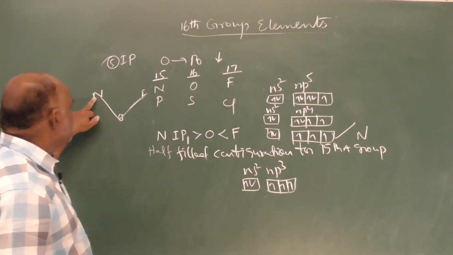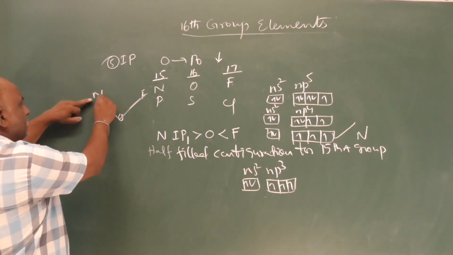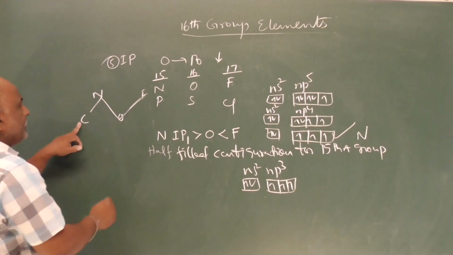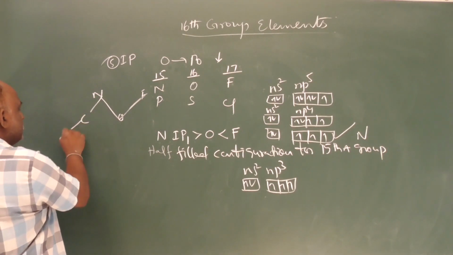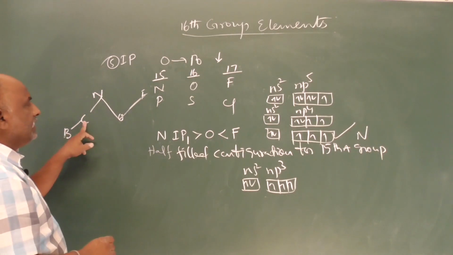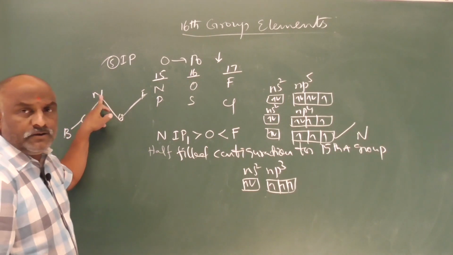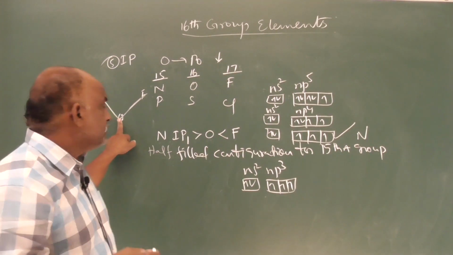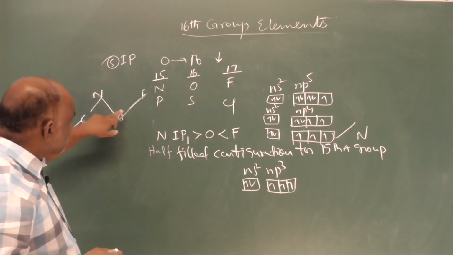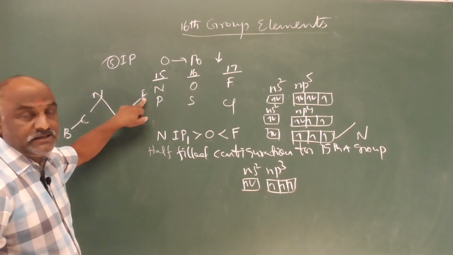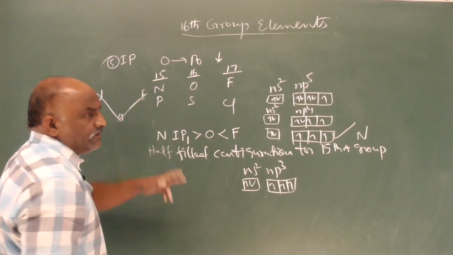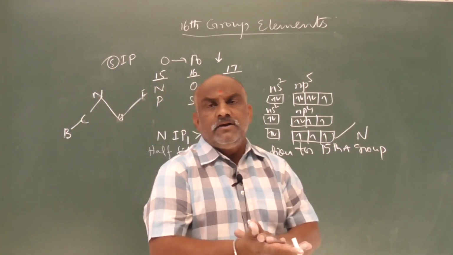Why? Because of nitrogen's half filled electronic configuration. Before nitrogen is carbon, and before that boron. Boron to carbon increases, carbon to nitrogen increases, and nitrogen to oxygen we also expect an increase, but instead nitrogen to oxygen decreases, while oxygen to fluorine increases. Fluorine to neon increases because neon is a noble gas with a completely filled electronic configuration.